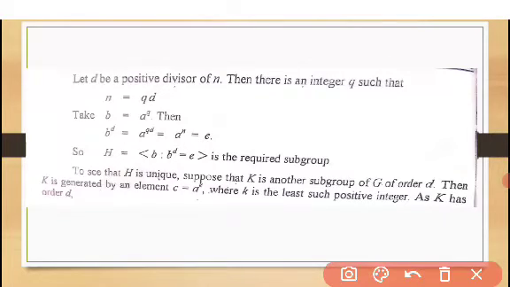For uniqueness, to see that H is unique, suppose that K is another subgroup of G of order D. H has the order D, and we suppose that there is another subgroup K of order D as well.